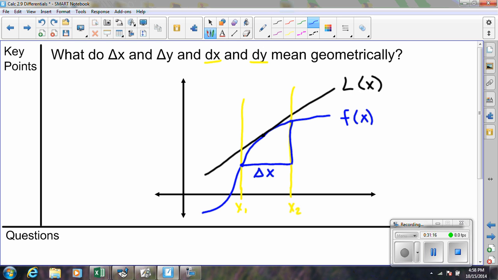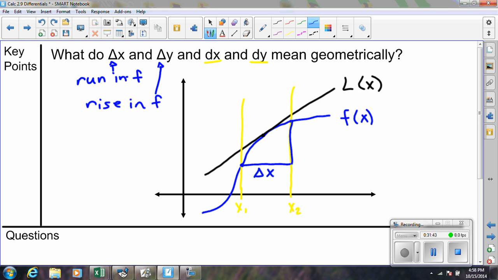This piece is the run in the actual function f. When we're changing from x1 over to x2, delta x is the actual run. Delta y is the rise in the function f when we're looking at these 2 points.